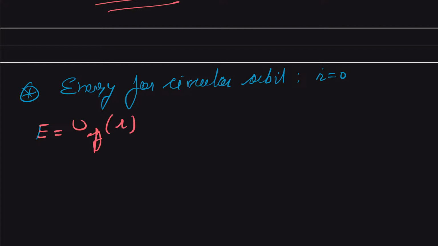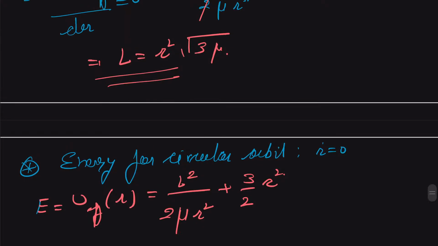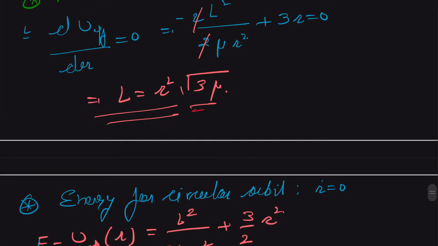V effective times R, and therefore we get this will be equal to L square upon 2 mu R square plus 3 by 2 k R square, and our L square is equal to 3 mu k R raised to power 4.